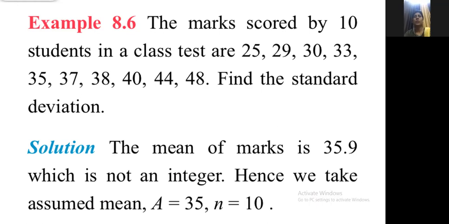So we convert the mean of that particular data into integer form. When we find the actual mean of this data, it will be 35.9, but that's not an integer. So we will take the assumed mean as 35. And the number of observations given is 10. So let's understand how we will calculate it.